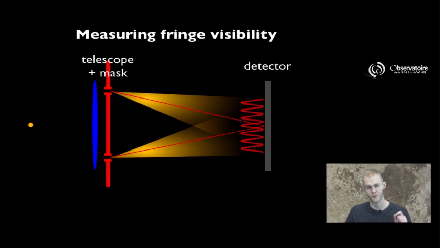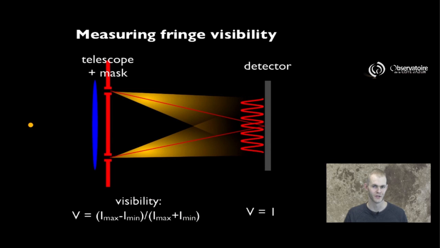Let's go back to our point source, because that's the easy thing to understand, and simplify the picture a little bit by removing the envelope effect. We just have a uniform envelope now, and we only see the sinusoidal modulation, the fringes themselves. We're looking at a point source. We have our two holes, two electric fields propagating to our detector.